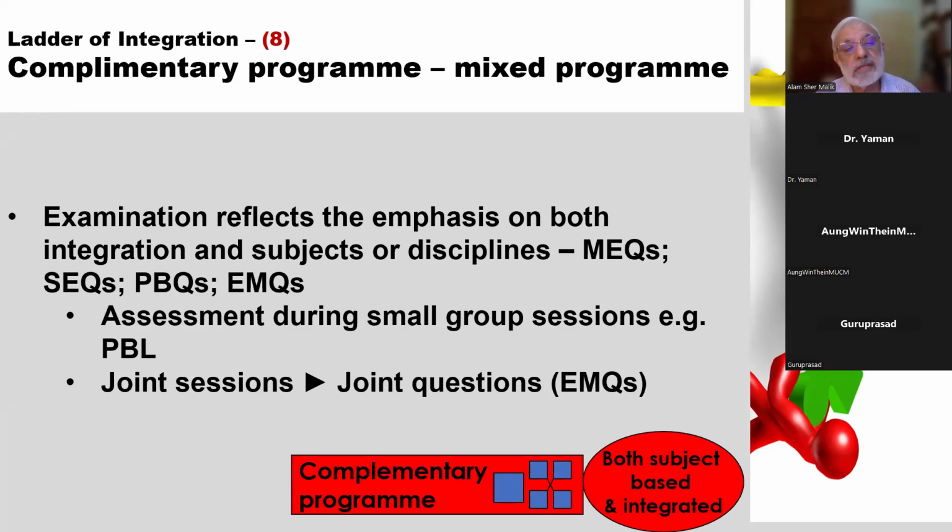So the assessment would include modified essay questions, or structured essay questions, or problem-based questions, or extended matching questions. So all these questions integrate different disciplines within them. And also assessment is carried out during small group sessions like problem-based learning sessions, and joint sessions means joint questions like extended matching questions.